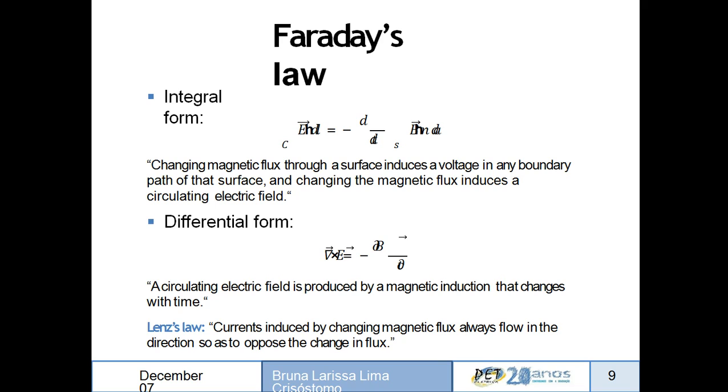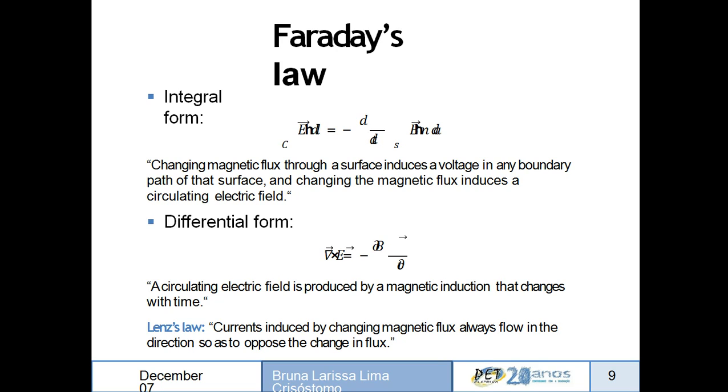Suppose the area of the closed path is a big A, and dA is the infinitesimal small area in that closed path. If we take the surface integral of the dot product of the magnetic flux density and the infinitesimal small area, we get the total flux of that enclosed surface.